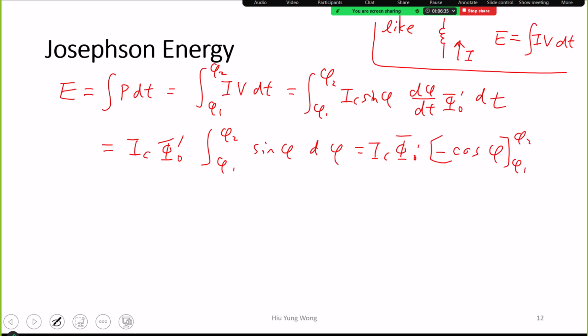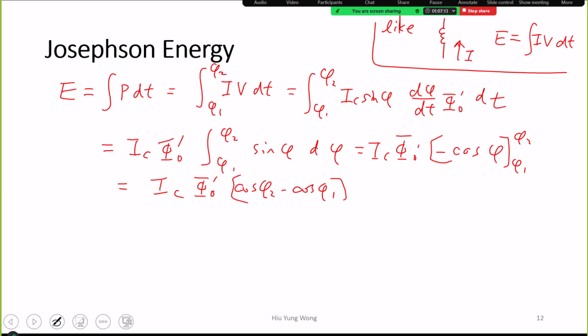Which is equal to IC phi 0 dash times cosine phi 2 minus cosine phi 1. But we actually don't care about the initial phase, right?